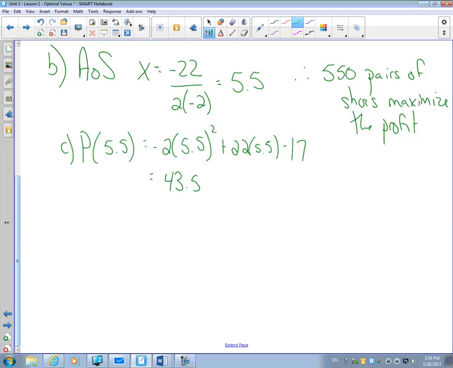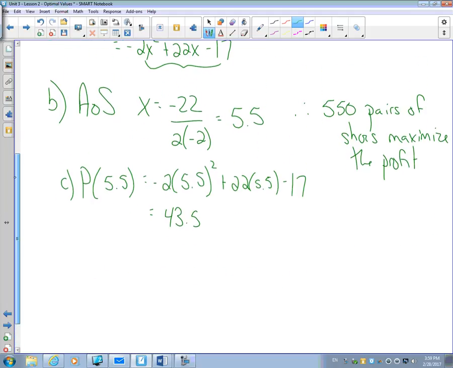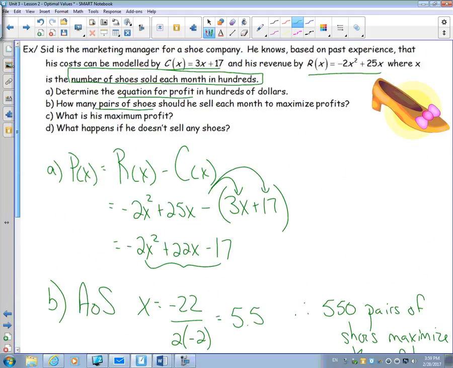Again, we need to interpret that answer. Was that $43.5, or how was money being measured? Does it tell us here about how much profit? It doesn't tell us how much profit is. Okay, so, oh, yes, it does.